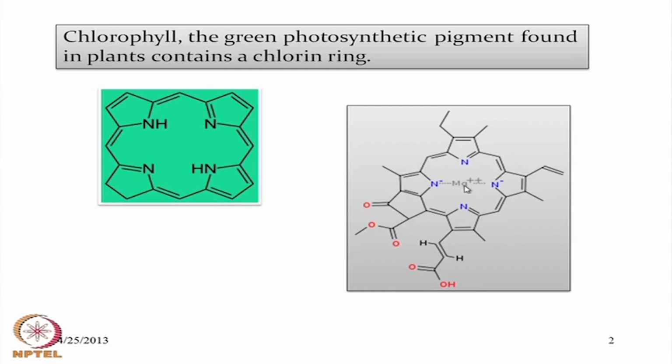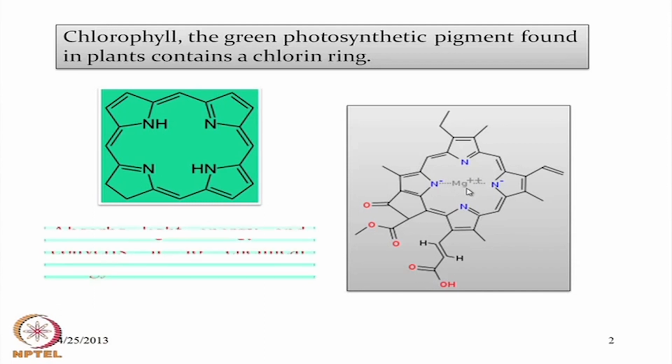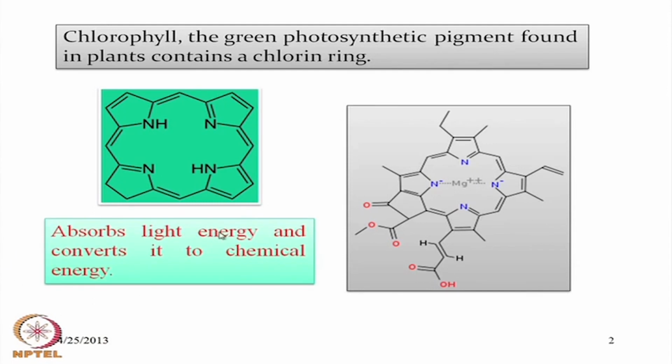If there is any electron transfer, it is not due to the presence of this metal ion. This system is responsible for absorbing the light energy. It is most suitable for absorbing the typical light in the form of H nu, and it converts it to chemical energy. So, the coordination chemistry, the metal and the ligand system, is also responsible for light harvesting.